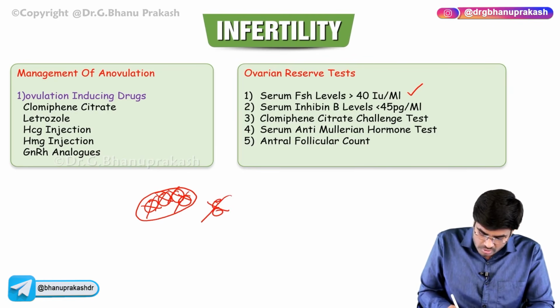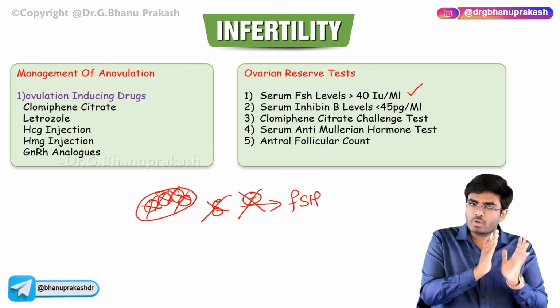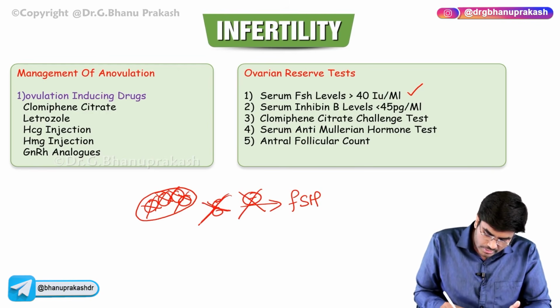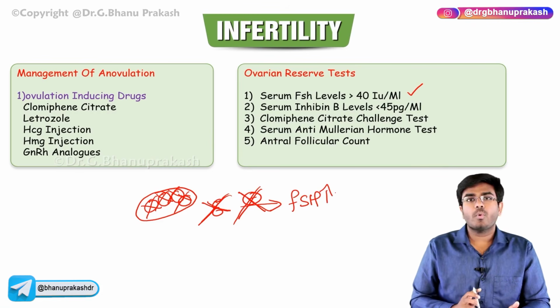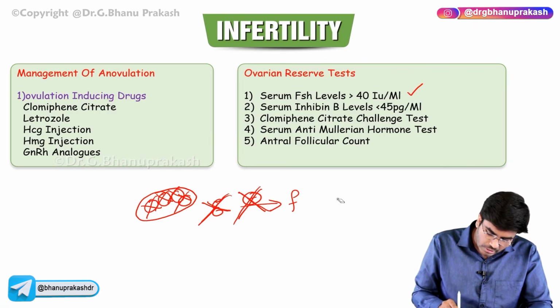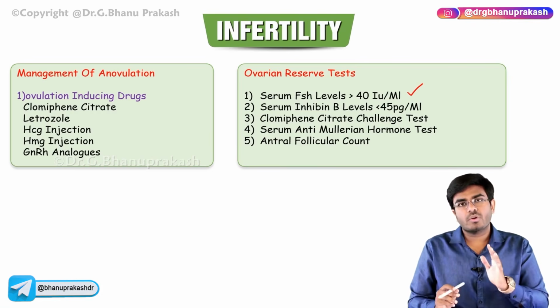Whenever there is no estrogen, negative feedback on FSH is lost. You know, estrogens give negative feedback to FSH. If estrogens are not there, there is no negative feedback. What happens? Follicle stimulating hormone level rises. How much? More than 40 international units per ml is indicative of premature ovarian failure.